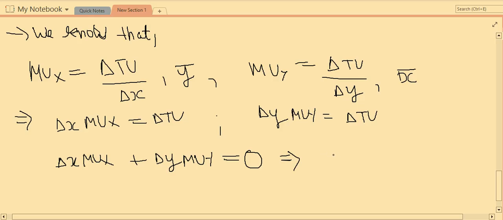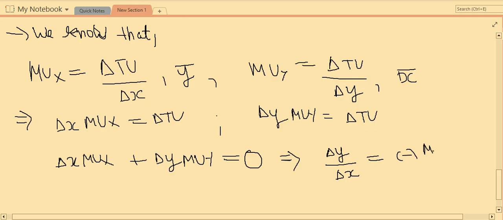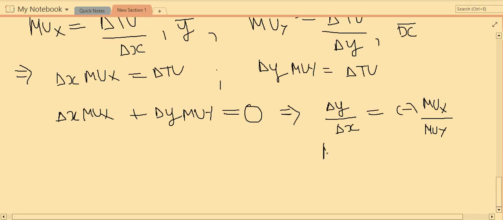By algebraic manipulation, we get delta y by delta x equals negative of MUX upon MUY. And what is delta y by delta x? As we studied earlier, this is the MRS.